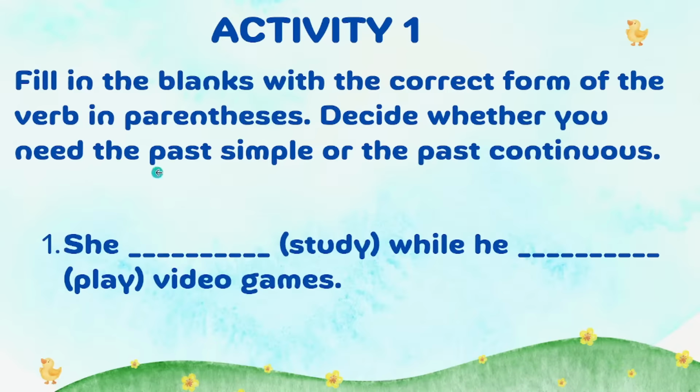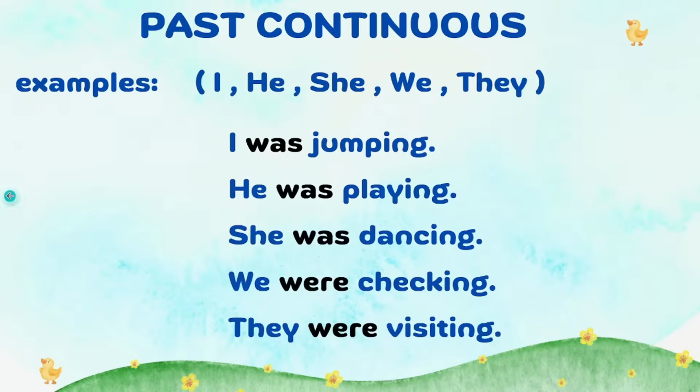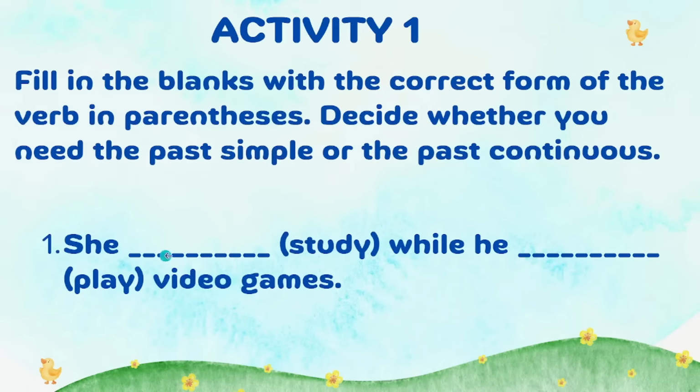For the pronoun she or he, you will use "was." She was, and since it is past continuous, you will add "ing." So, she was studying while he was playing video games.